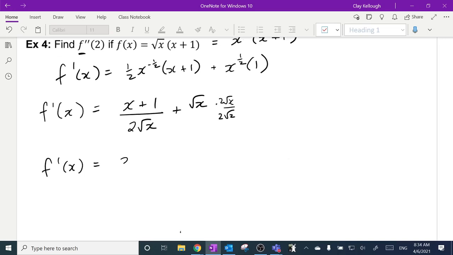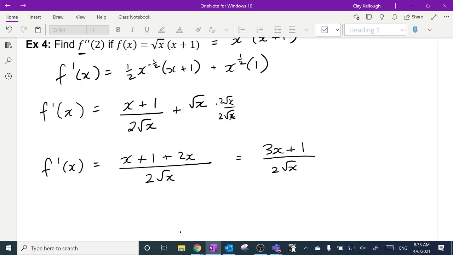And that's going to be x plus 1 plus 2x, right? Because root x times 2 root x is 2x. All over, oh, this is supposed to be an x, not a 2. I don't know what I was writing there. All over 2 root x. So simplifying that again, I get 3x plus 1 over 2 root x.